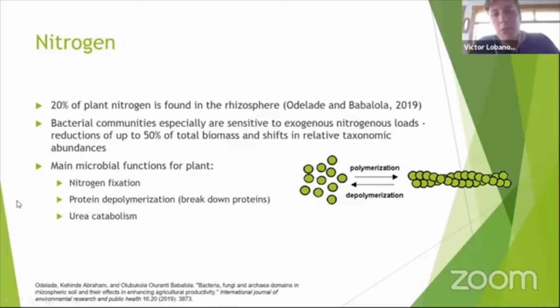And what the microbial community does for the plants in terms of nitrogen is basically it's involved in nitrogen fixation. It breaks down proteins, and then it will break down urea. A lot of that is not only happening in the biofilter, but the beauty in aquaponics is that we're having a biofilter-like environment everywhere in the entire system because of the way that plants are interacting with the water column.